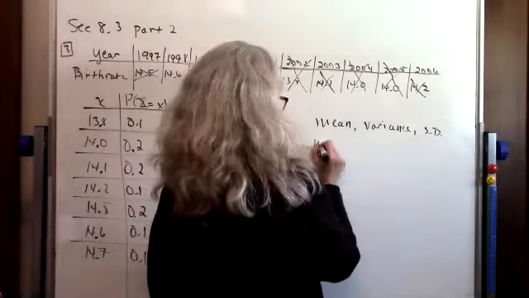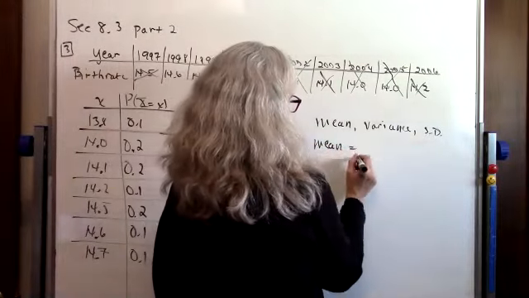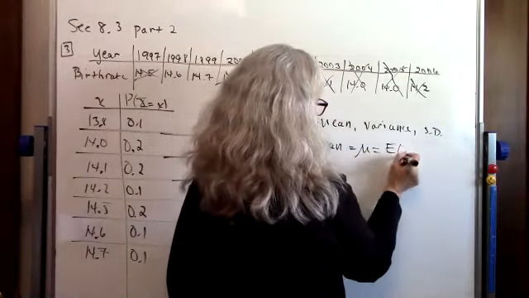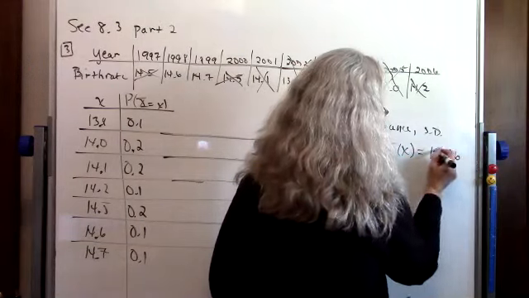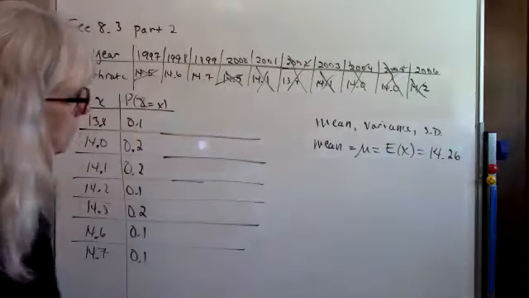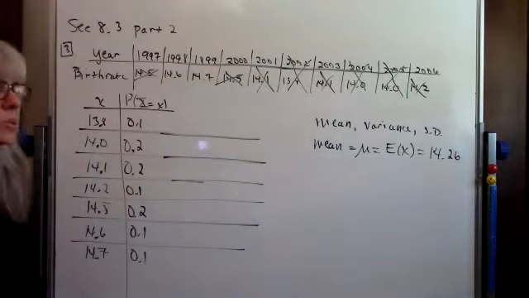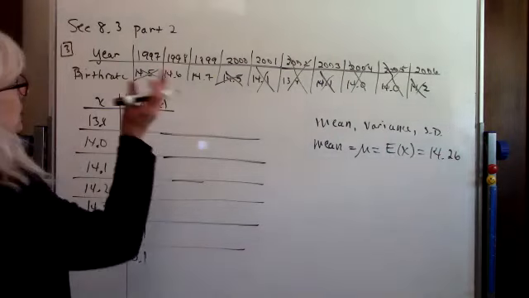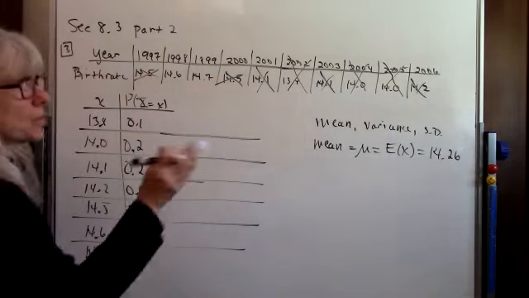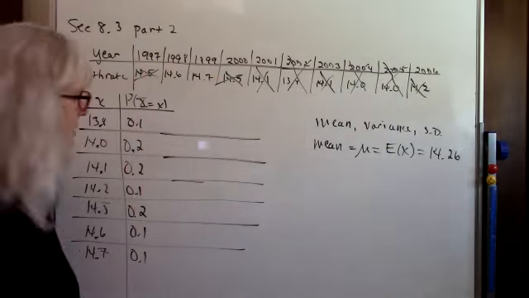Our mean, which is mu or E of x, came out to be, when we did it in a previous section, 14.26. So the average birth rate per 1,000 of the live population between 1997 and 2006 is 14.26 live births.